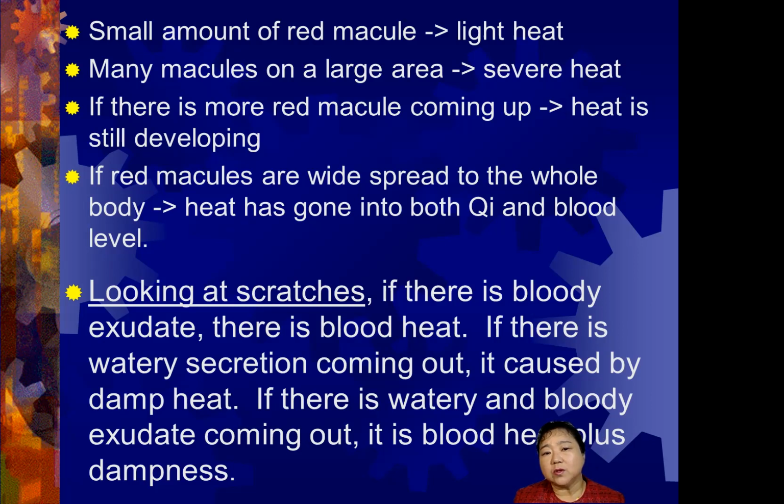If there's watery secretion coming out from the macule, it tells us the skin lesion is caused by damp heat. If there's watery and bloody exudate, it is blood heat plus dampness.